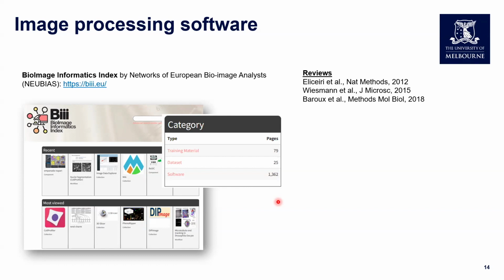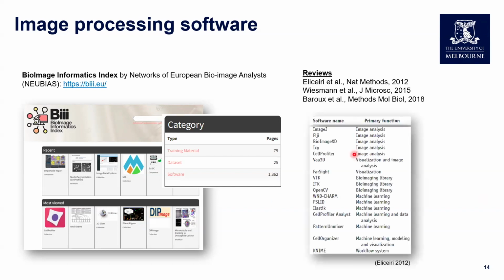There are some useful reviews on some software, which will give you general ideas. For example, this table from one of those review papers shows the widely used software, especially focused on open source software.